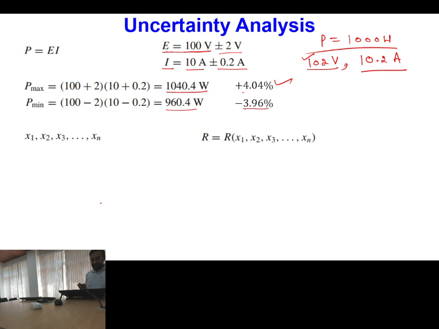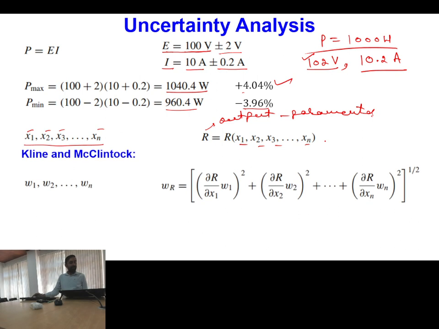Let me consider that x1, x2, x3, xn are n independent parameters for which we have done measurement, and R is my final output parameter, which is a function of these independent measurements x1, x2, x3 and xn.